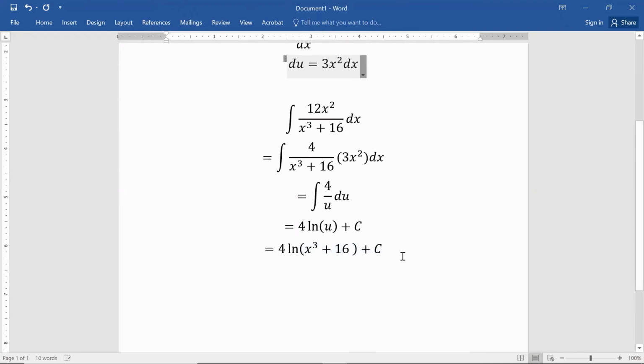That's one example that you could come across where we have something in the denominator that we want to make our u, and then we can factor out whatever was in the numerator to place next to our dx in our dx du exchange.